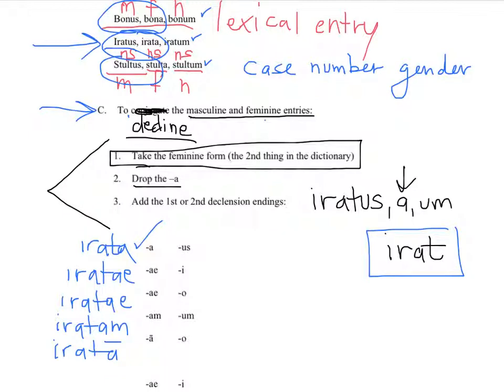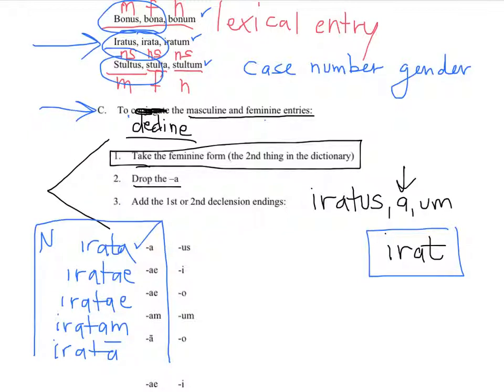What I've just shown you is the declension of the feminine singular form of the adjective, angry in this case. You would use this nominative form if you wanted to modify the subject of the sentence. That would also be in the nominative, if that subject were feminine and singular.